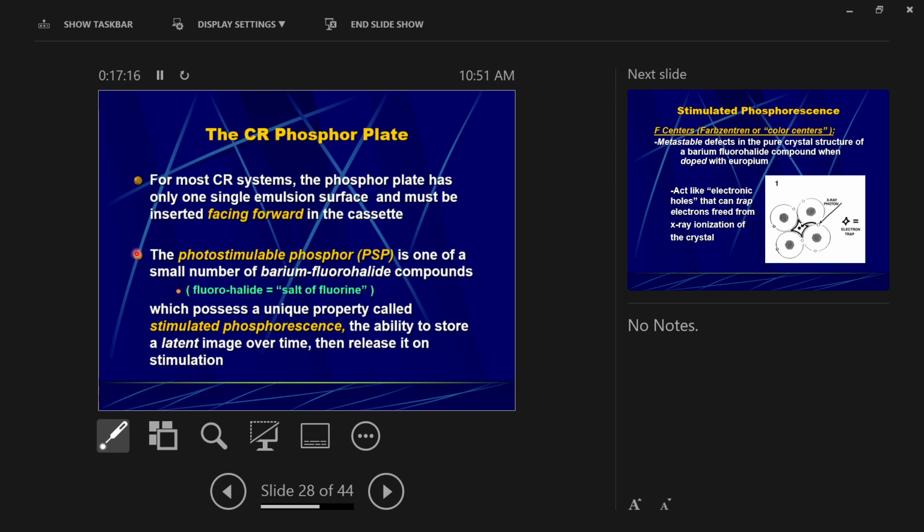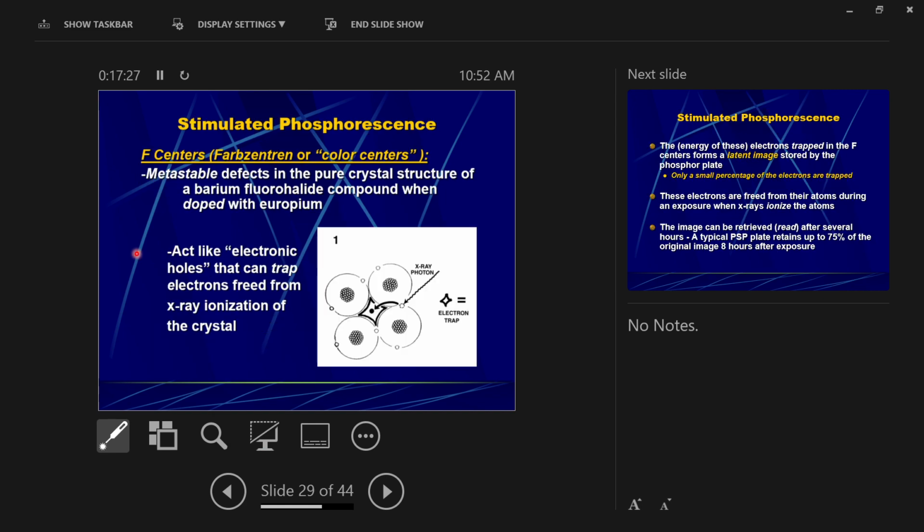Okay, so stimulated phosphorescence. I need to describe a little bit about stimulated phosphorescence. Yeah, here we go. So stimulated phosphorescence.